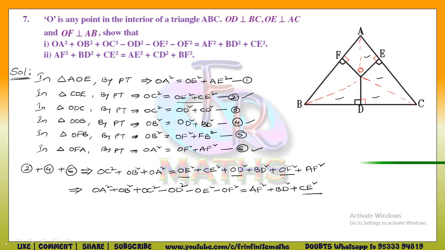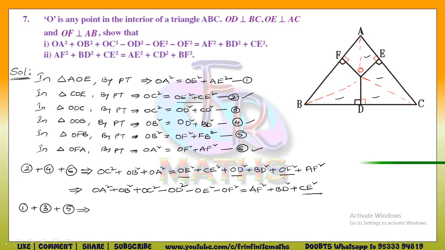For that, this time I am going to consider equation 1 plus equation 3 plus equation 5. All of them are alternate.